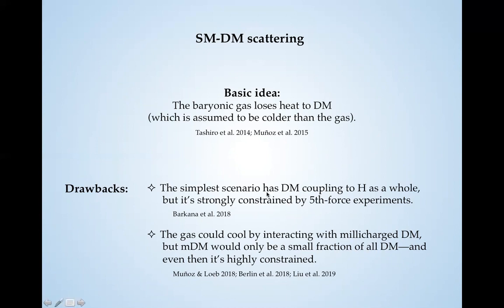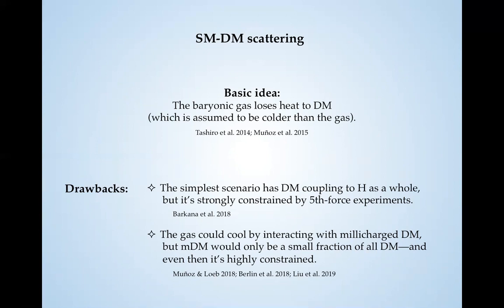It turns out that the simplest scenario is strongly constrained by fifth force experiments, because in the simplest kind of scenario, you could think of hydrogen as having to have a net overall charge coupling it to a light mediator. So these scenarios end up being highly constrained.